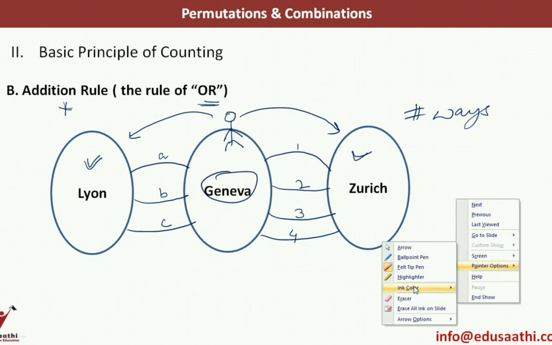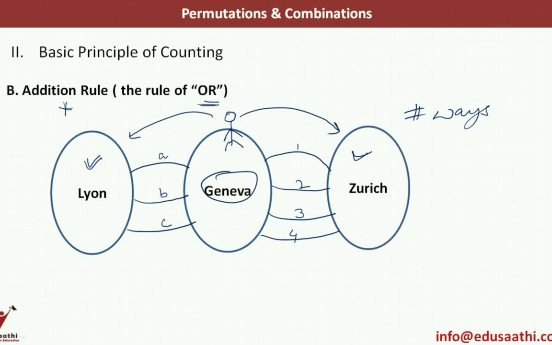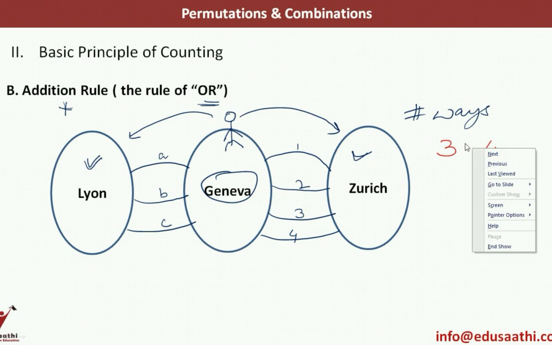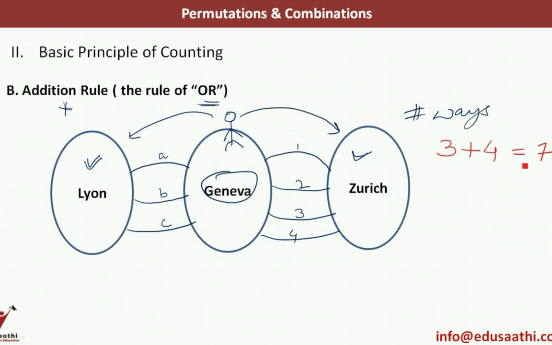So the first option is that I go to Lyon. I can go to Lyon in how many ways? Three ways. Or I can go to Zurich following how many ways? Four ways. So here instead of the multiplication sign, we use the addition sign. 3 plus 4, which is 7. Now get your fundamentals clear here itself so that you don't face a problem when we move to the rest of the slides.